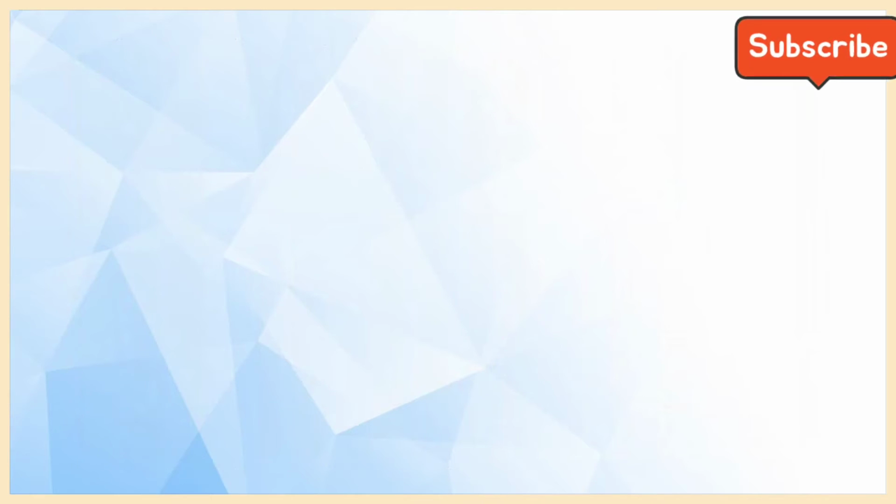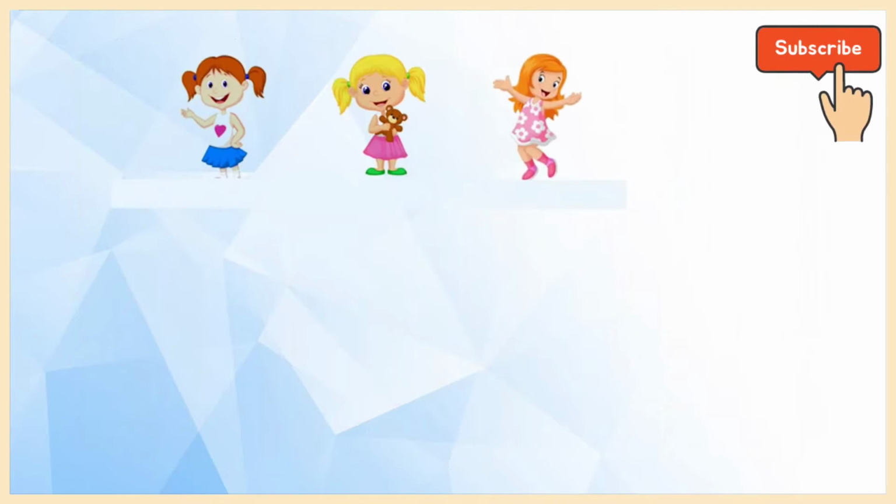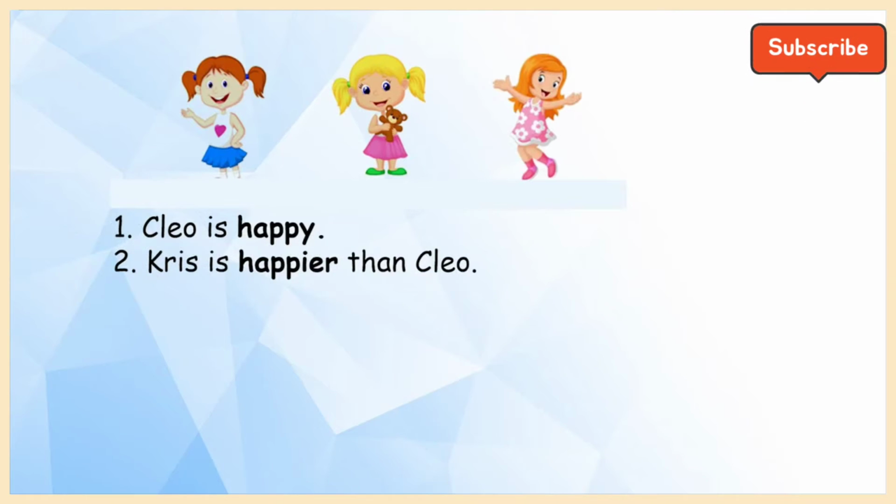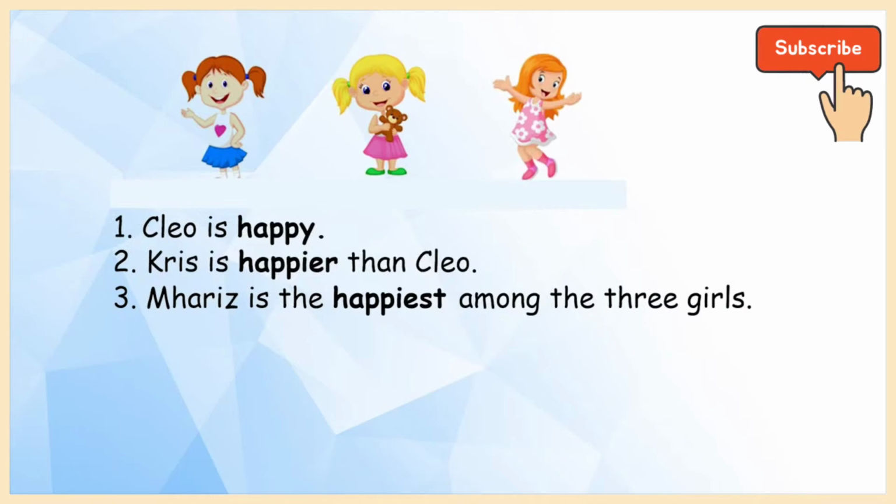Let us compare these three rules. Read the sentences. Cleo is happy. Chris is happier than Cleo. Maris is the happiest among the three girls. In sentence 2, for comparative degree, what is added to the word happy?